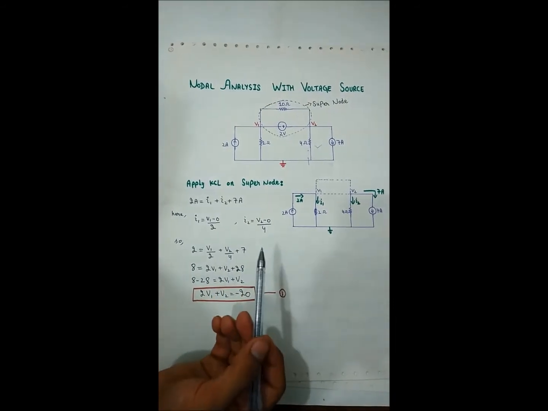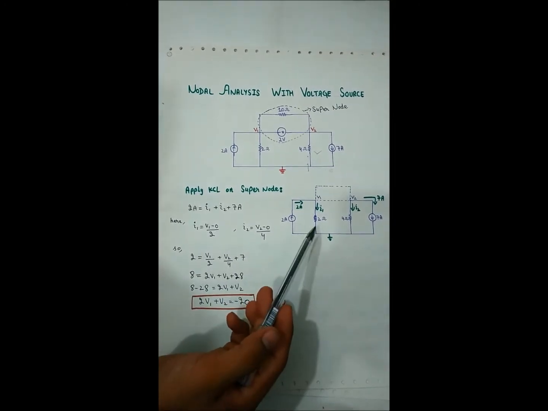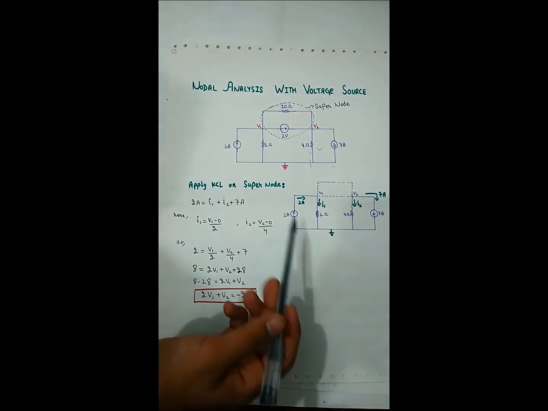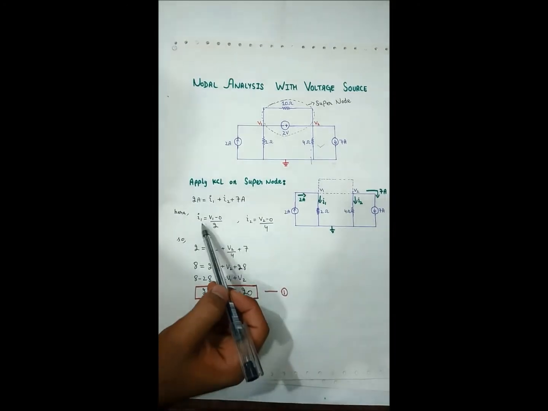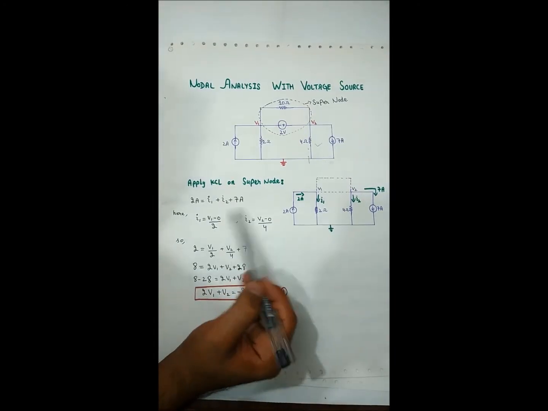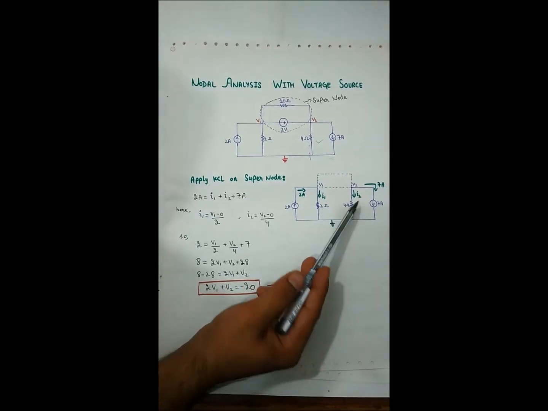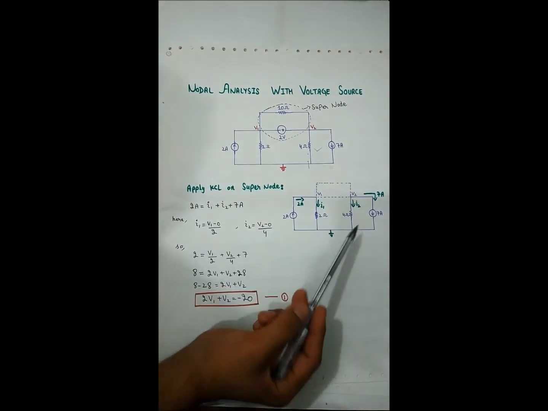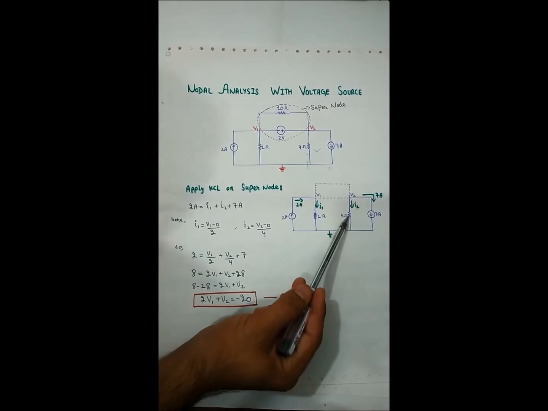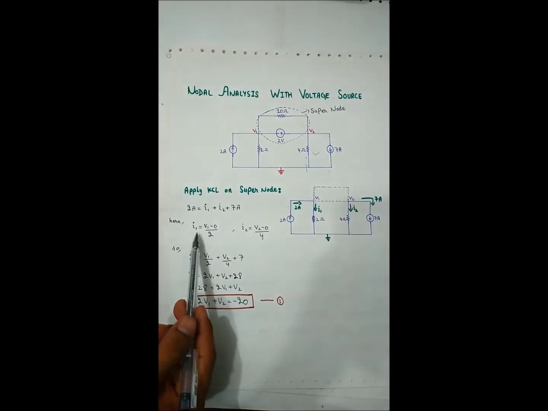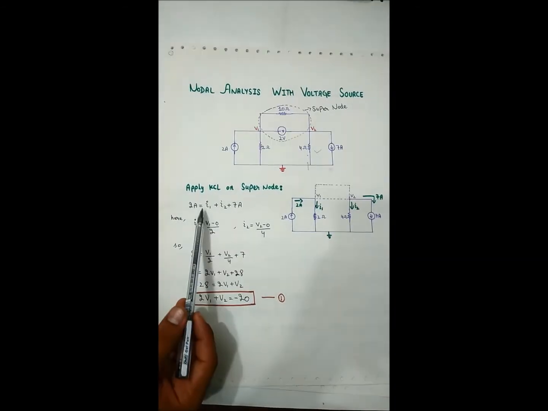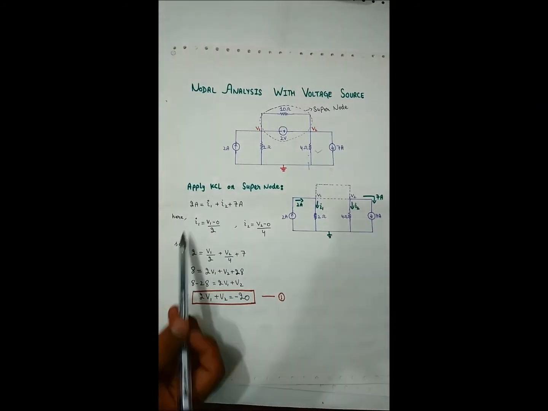According to Ohm's law, we represent all those currents in terms of the voltages across those branches. I1 is equal to V1 minus 0 divided by 2, and I2 is equal to V2 minus 0 divided by 4.